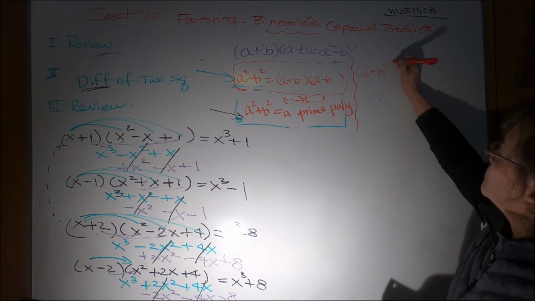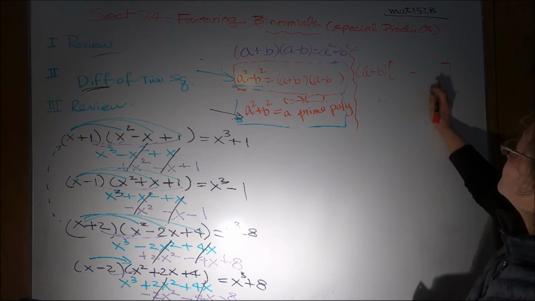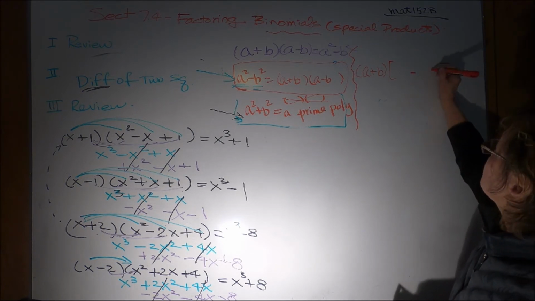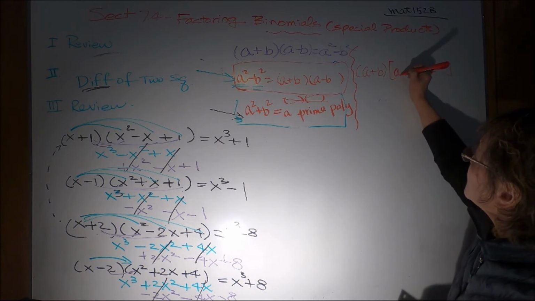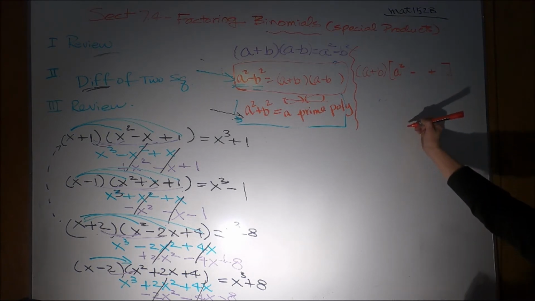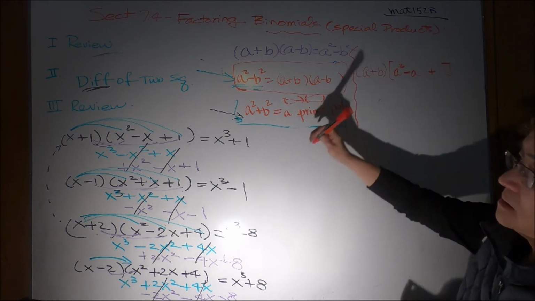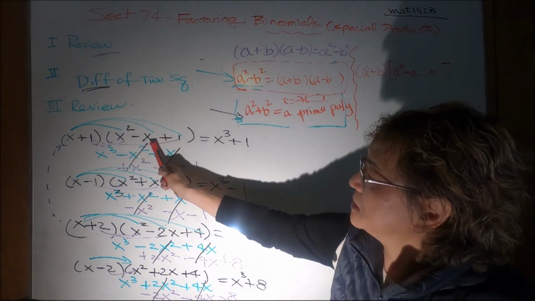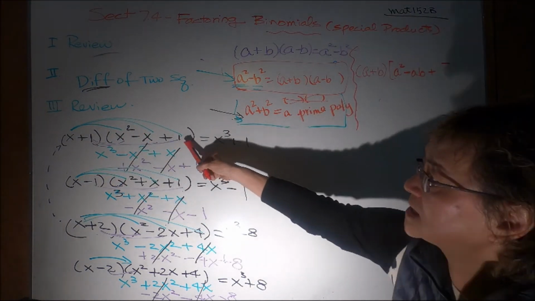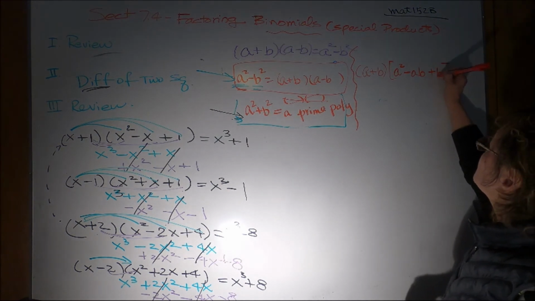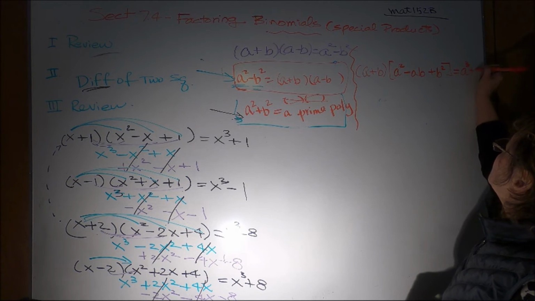Then if I multiply something, the middle is a negative instead, then this is a positive. First one is what? If I have A squared, right? The middle one would be what? The middle one would be these two multiplied together. The last one is B squared. If I do that, I will end up with what? A cubed plus B cubed.